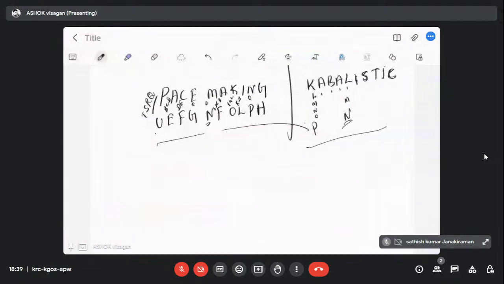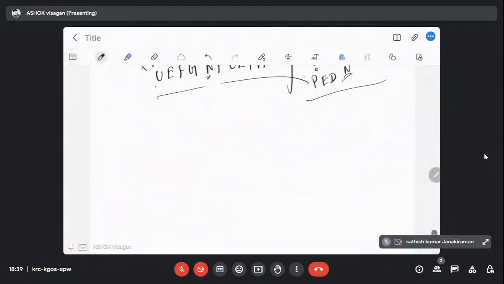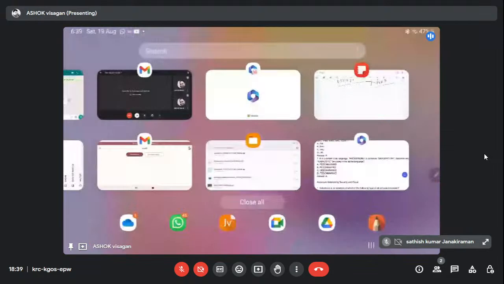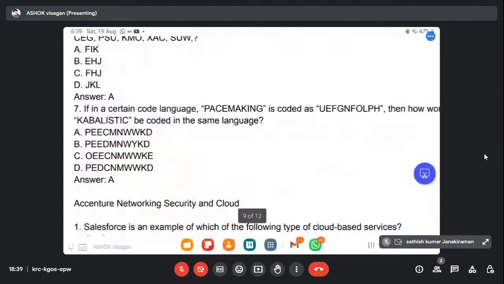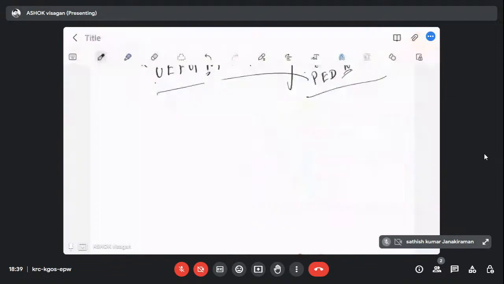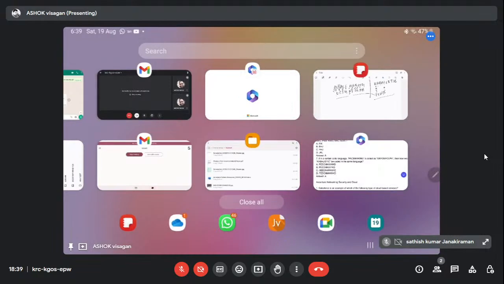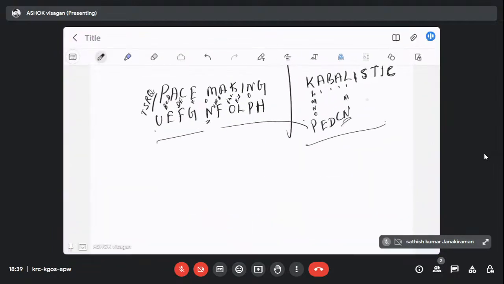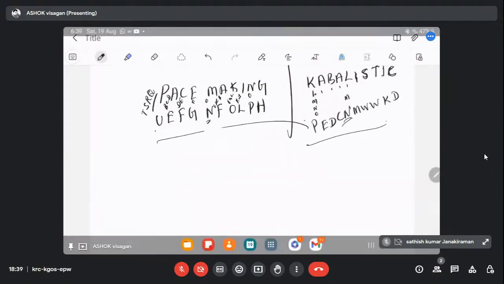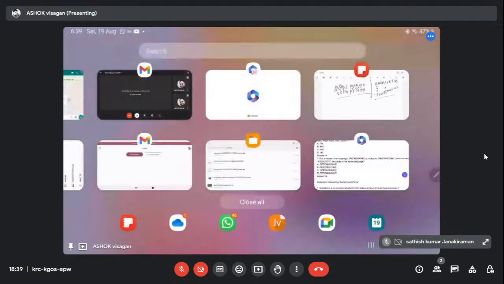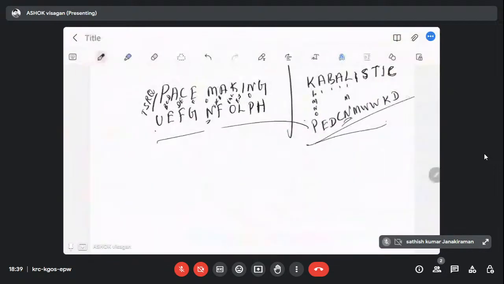P, E, D. So this is the answer pattern. You need to cross-check with the logic we got in the question. So this is how you need to solve the question.